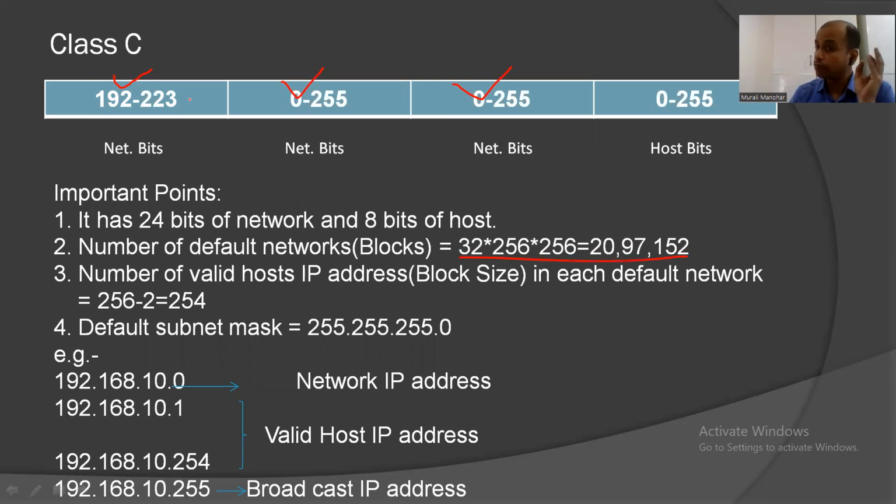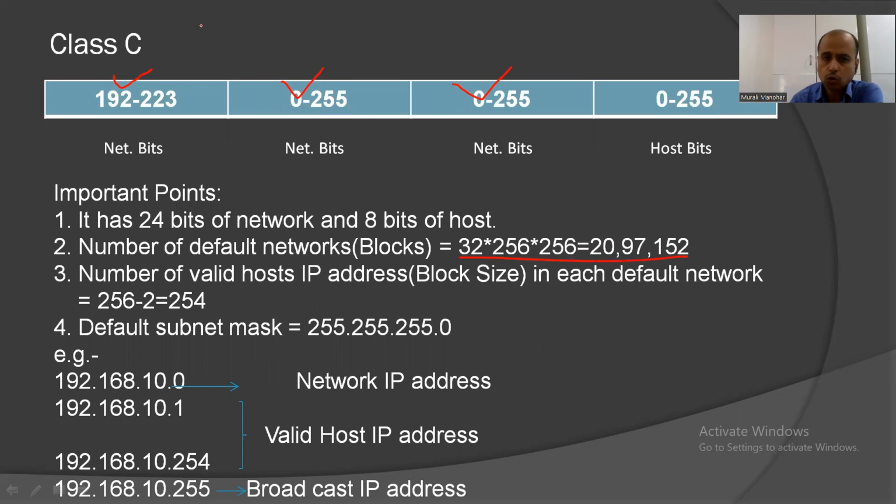If you count from 192 to 223, the total value will be 32. But with this octet, we also use this group and this group to represent a network. If there is any change in these three network parts, it means there is a change in network, which means you are creating a different network.